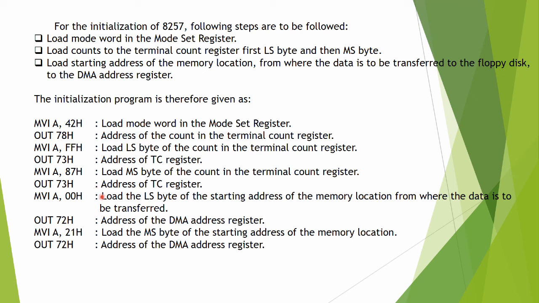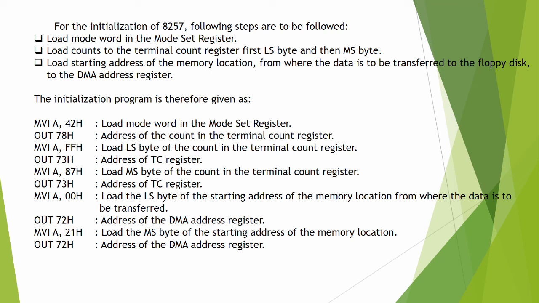Thereafter we clear the accumulator contents and transfer it to 72H, which is the address of the DMA address register, and then we load 21 into the accumulator and once again transfer it to the address of the DMA address register.